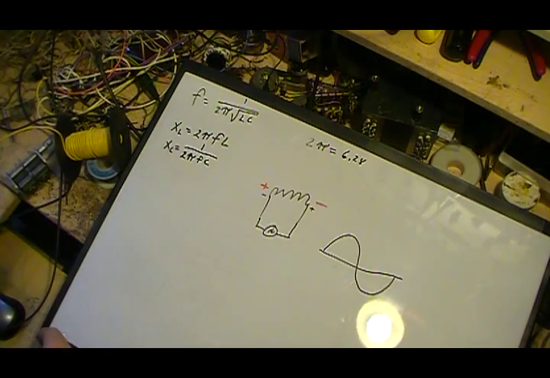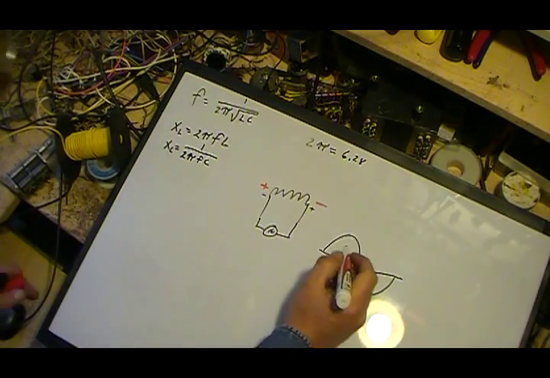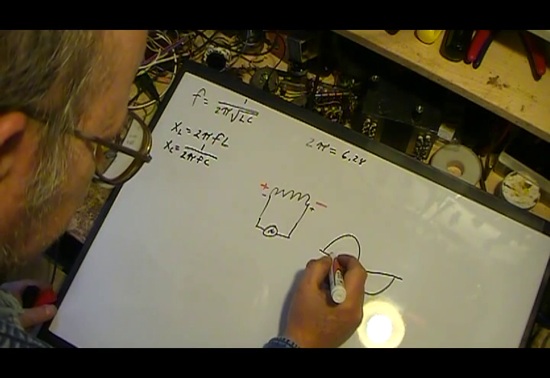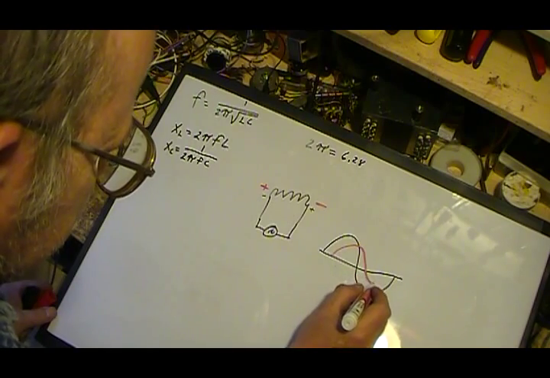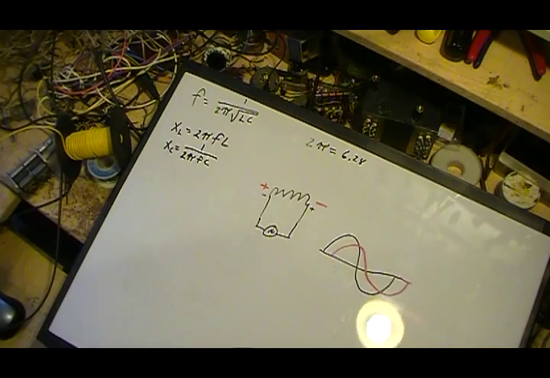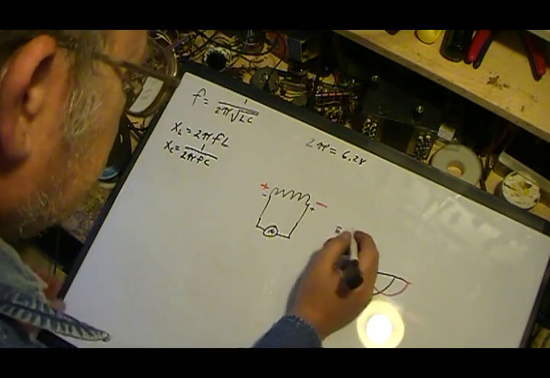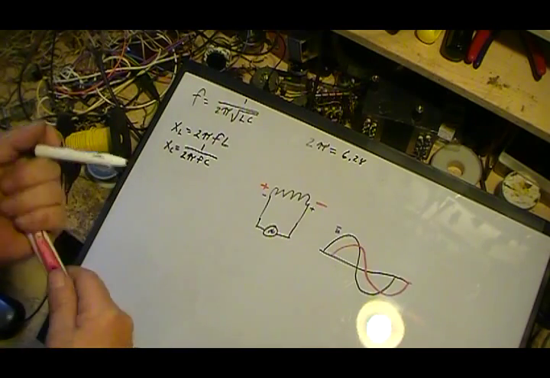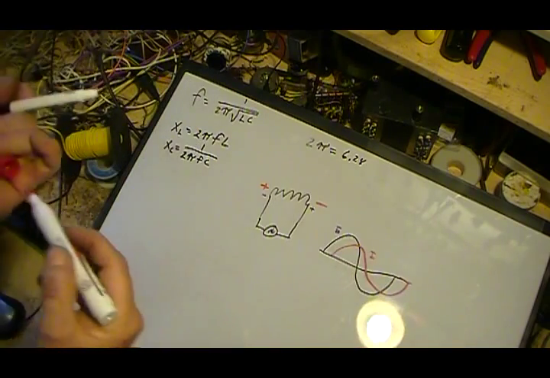Now, what happens is a strange little event, and if I can draw it, I'll try to draw it. This is voltage, we'll put E, and the little red mark, we'll put I, that's current.